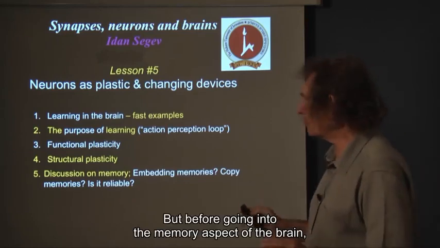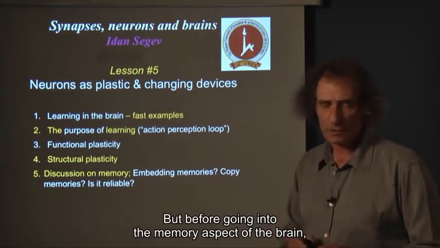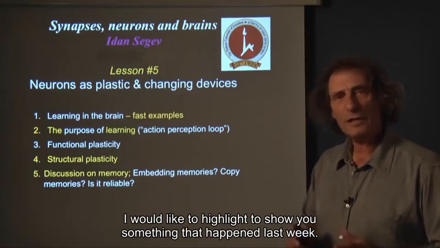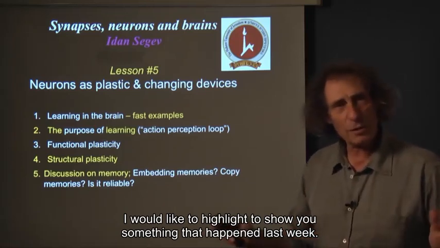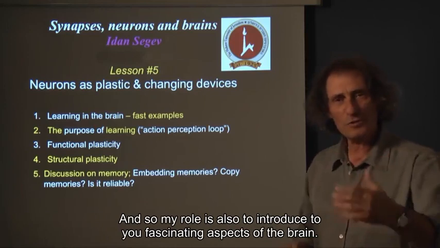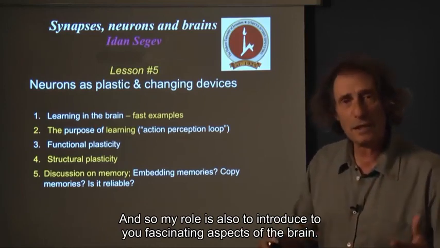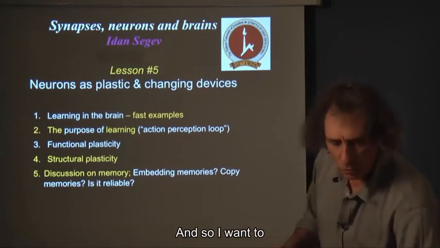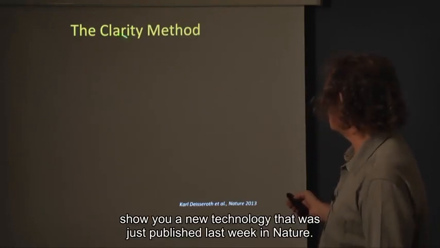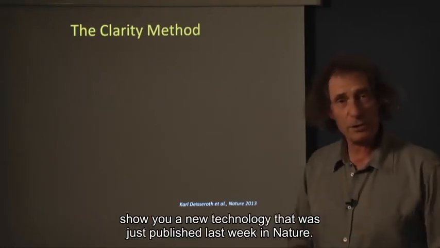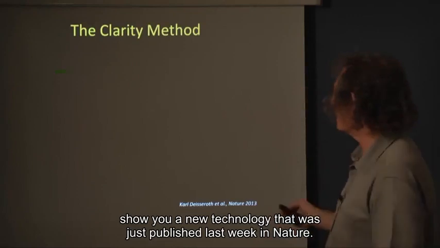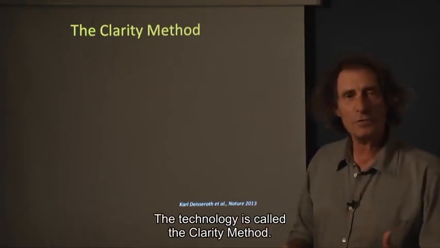But before going into the memory aspect of the brain, I would like to show you something that happened last week. My role is also to introduce to you fascinating aspects of the brain. So I want to show you a new technology that was just published last week in Nature. The technology is called the clarity method.